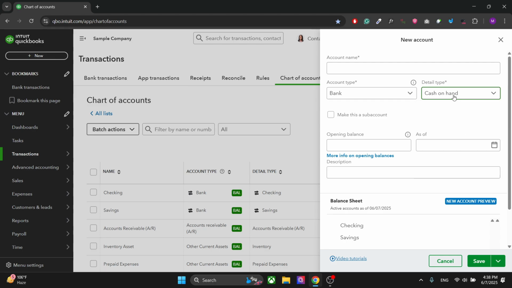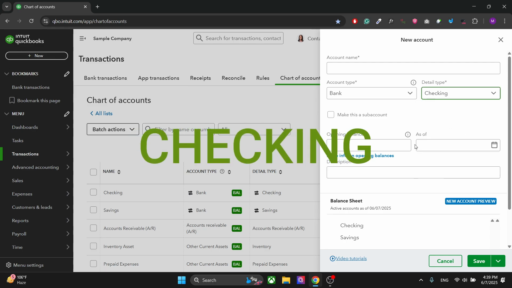And similarly, let's say you have a small business that maintains a $100 cash fund for office expenses like coffee or postage, then you will add them right here as well. When you use the cash on hand detail type, make sure that you regularly reconcile the cash on hand to ensure the physical cash matches the recorded amount. Also, make sure to transfer the cash to a checking or savings account when you deposit it in your bank.